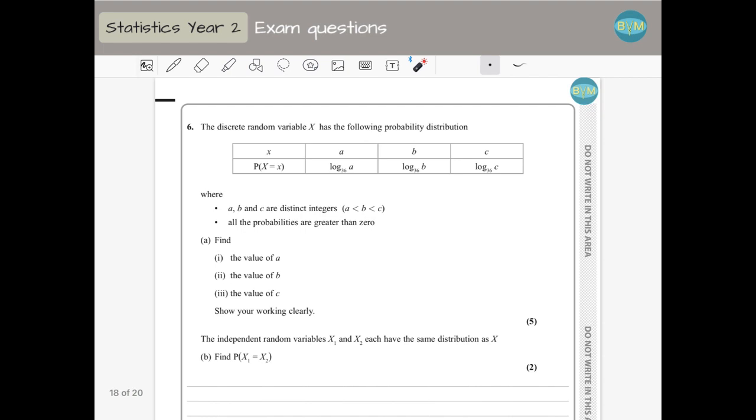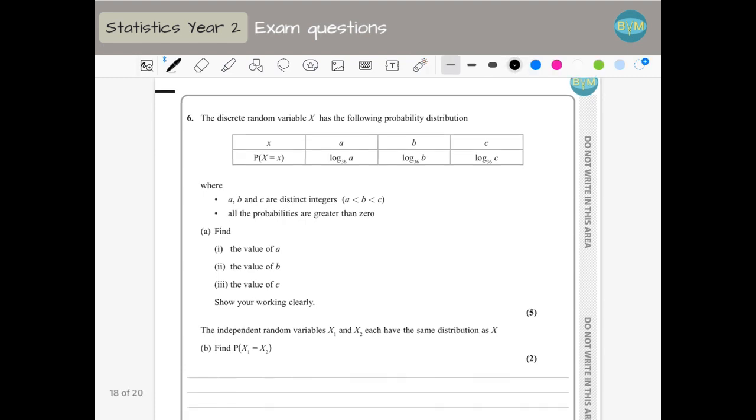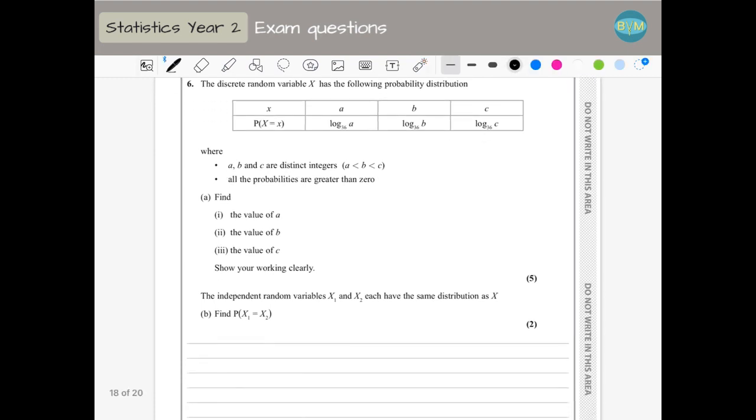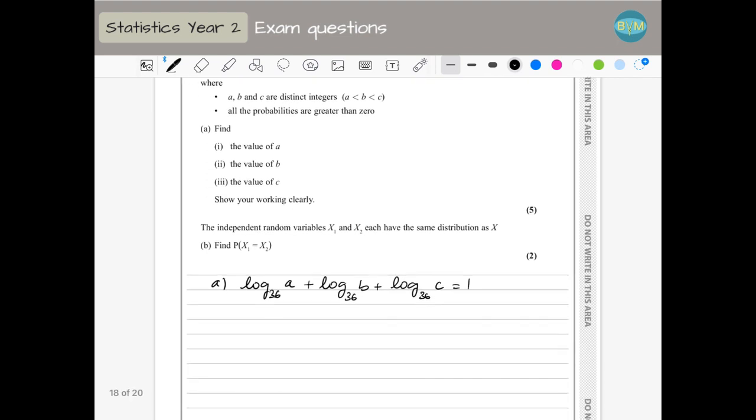So we know that the probabilities in a probability distribution must add up to 1. So one thing that we can write about those probabilities is that log to the base 36 of a plus log to the base 36 of b plus log to the base 36 of c must be 1.